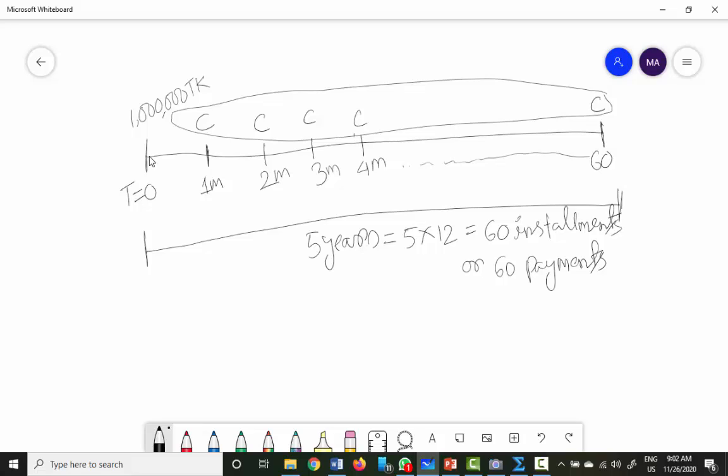So remember, the present value of all these future cash flows, the present value of all these future installments, should be 1 million taka. This is the present value.